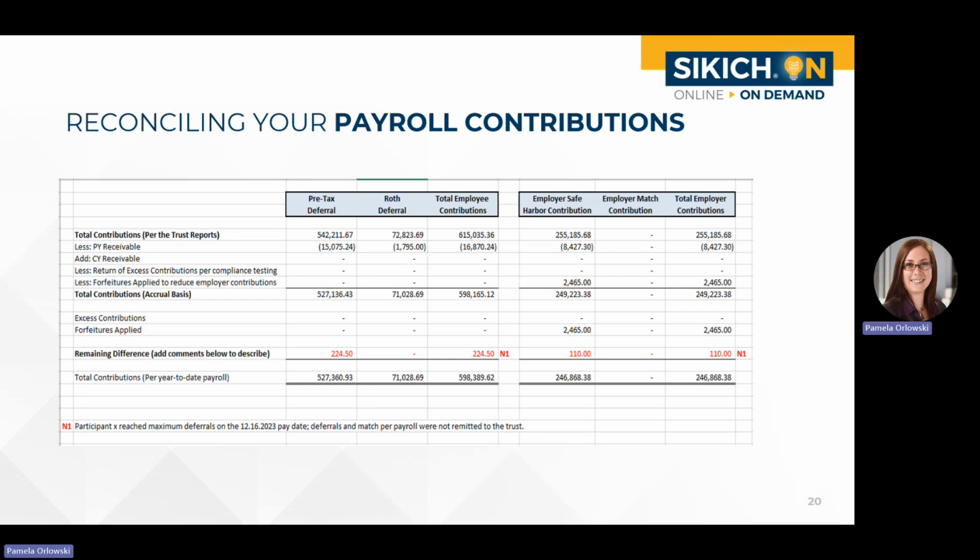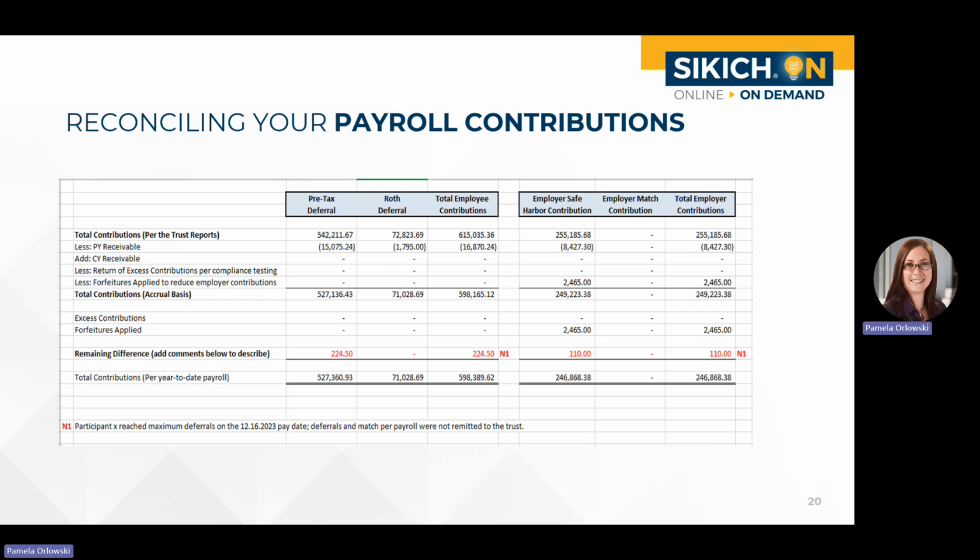So here, these contributions for the trust report did not necessarily agree to your total contributions per payroll. And then you're able to identify, oh, you know what? I see that last payroll of 2022 posted during 2023. I have to back that out of my reconciliation. So once that's backed out, your total contributions on the accrual basis there, those agree to the previous slide now.